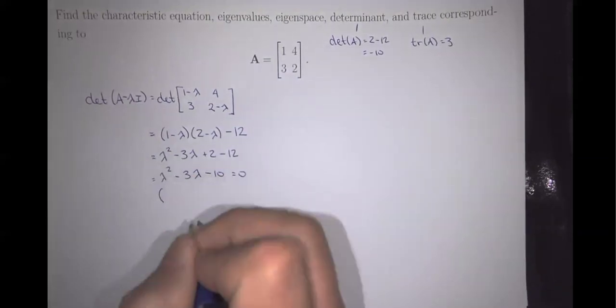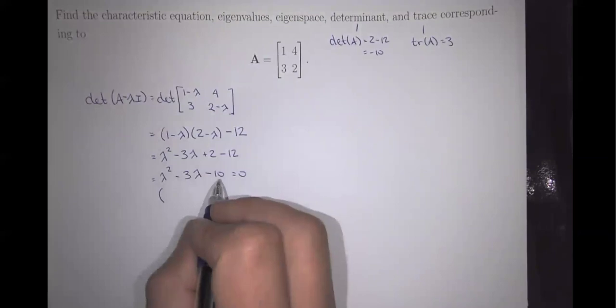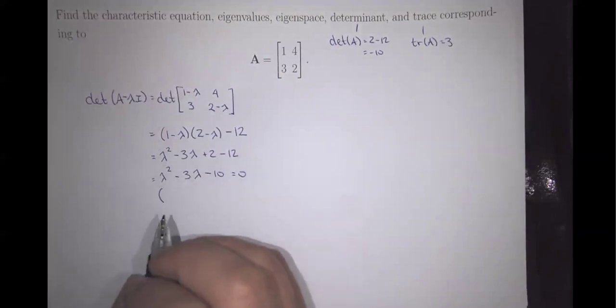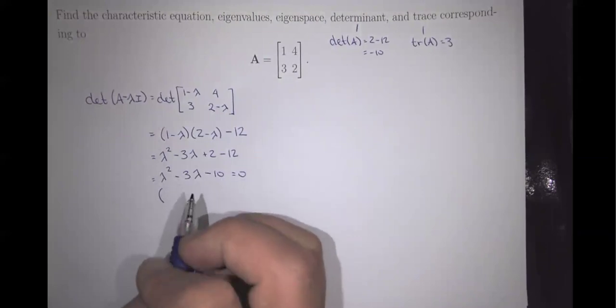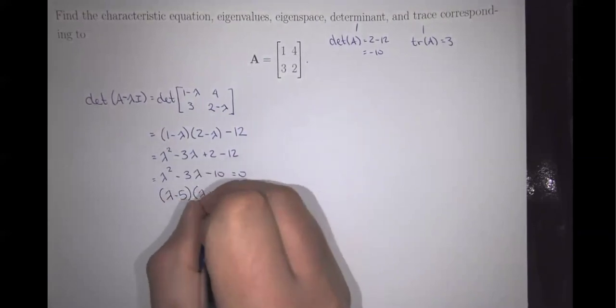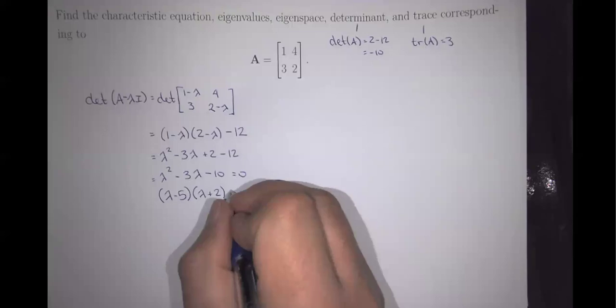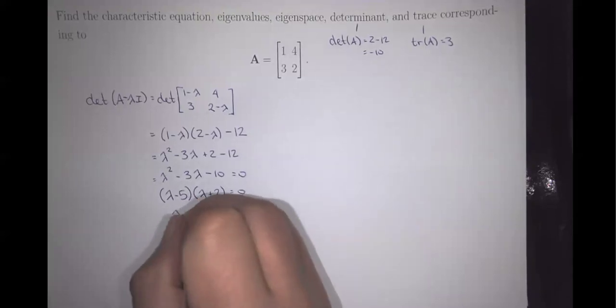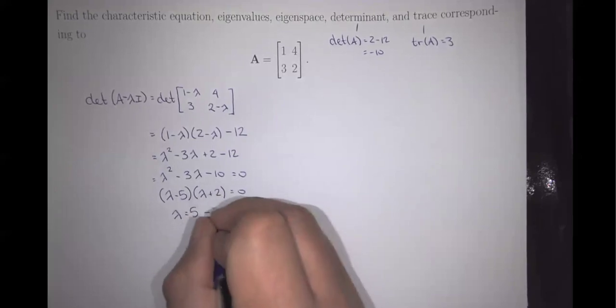So if we do that, we factor this, two numbers that multiply to negative 10 and add to negative 3 are going to be lambda minus 5 and lambda plus 2, which means lambda is equal to 5 or negative 2.